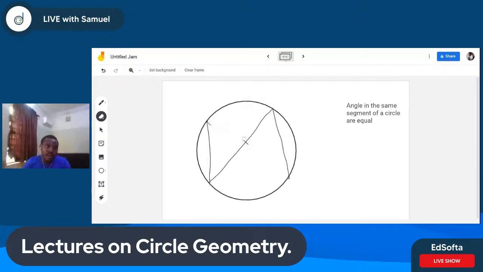They just have to subtend each other. Now what they are saying is that this angle theta is also equal to this angle theta, and this angle alpha is also equal to this angle alpha.